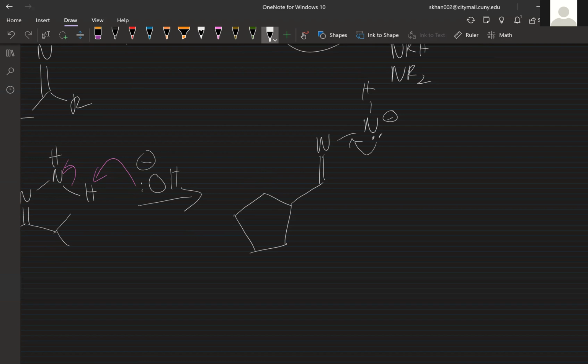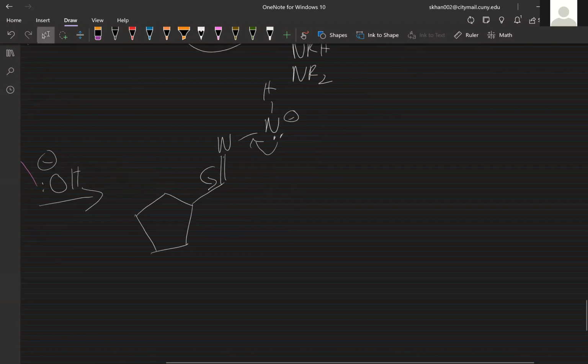I'm just going to draw it as separate structures, but oh, sorry, I should use different colors. And I forgot the rest of the structure too. Make sure it's very clear it's going on that carbon.